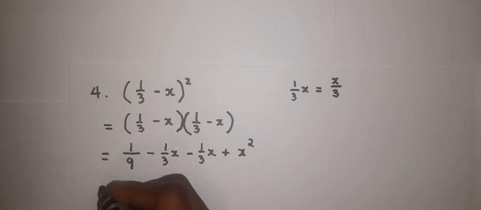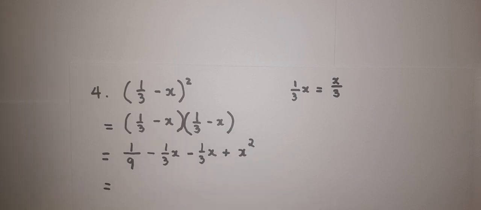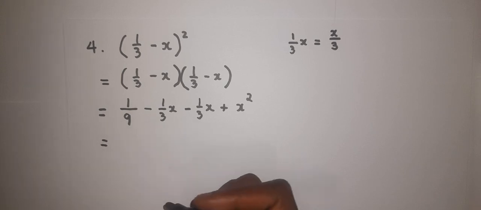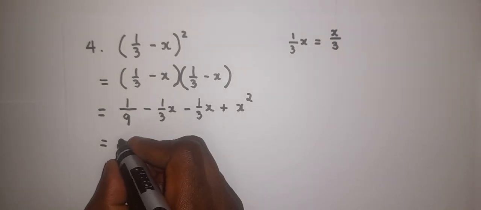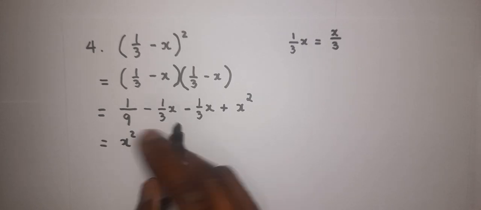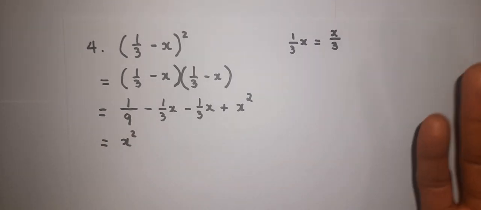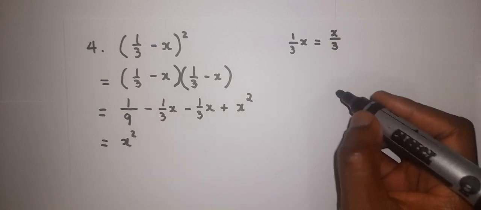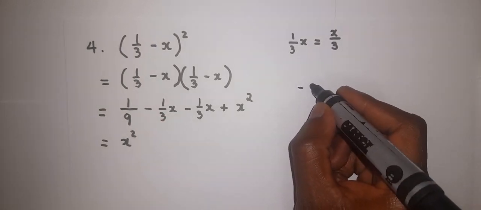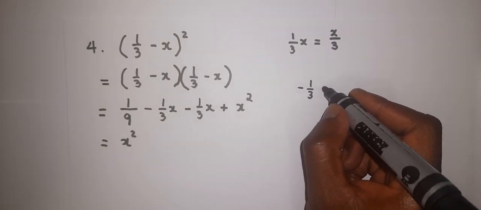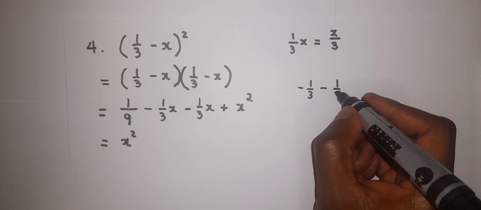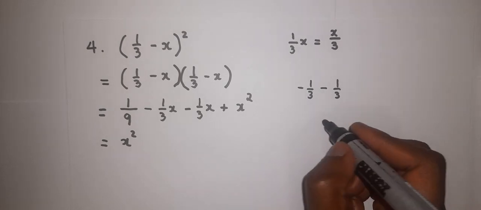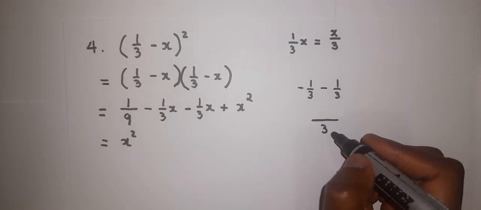Similarly, we are going to start with a term with the variable in its highest power. So we'll start with this x squared, and then we follow with a term with the variable in the second highest power. So it's actually this one. But now these are also like terms. We have -1/3 and another -1/3. We see that this is a fraction with the same denominator. You keep the same denominator and then you add.